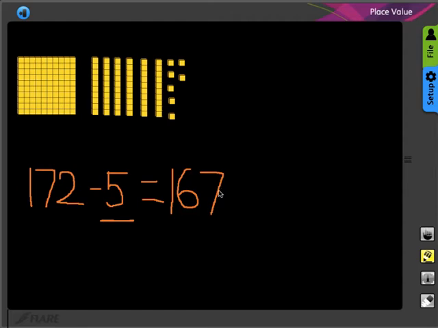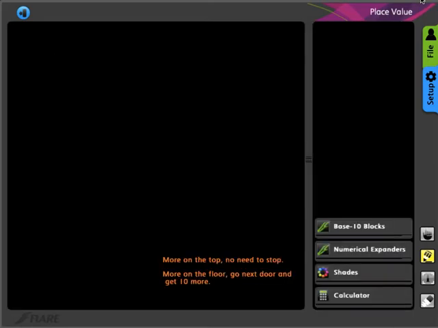Now we're going to try writing it vertically. So our equation is 172 take away 5. First thing we have to do, set up our equation. Our larger number, of course, I'm going to write it down here.